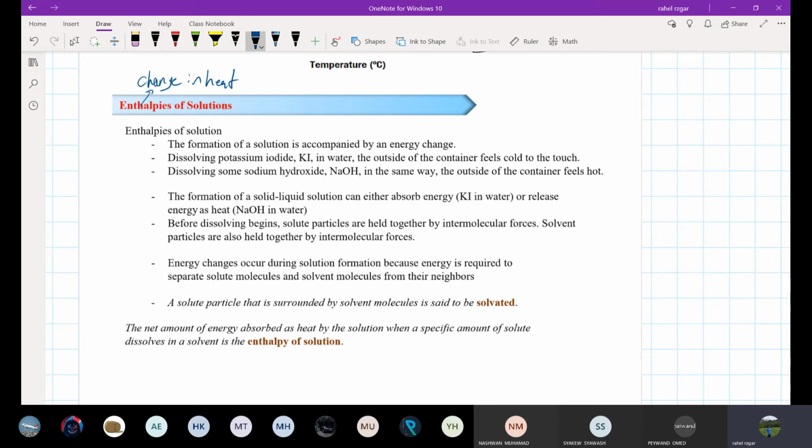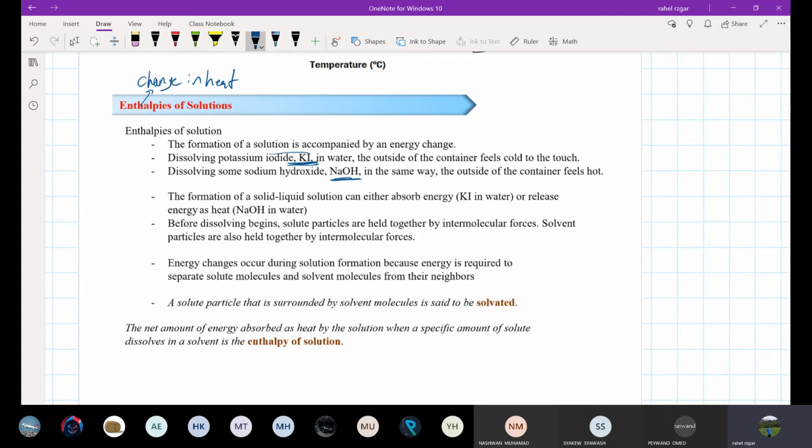What happens to the energy change in the solution without us doing anything? It's just what happens when we dissolve it. When we say enthalpy of solution, the formation of a solution is accompanied with energy change. For example, by dissolving potassium iodide in water, the outside of the container feels cold to touch.